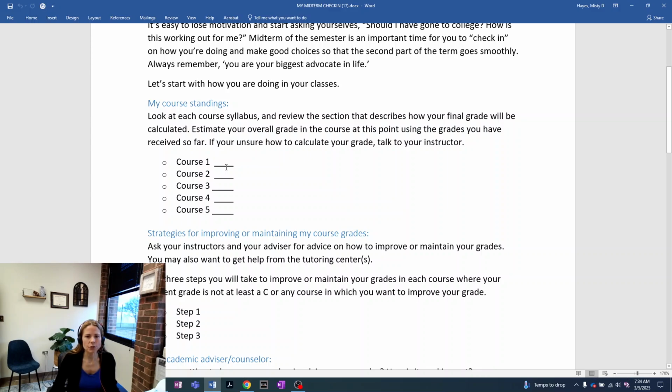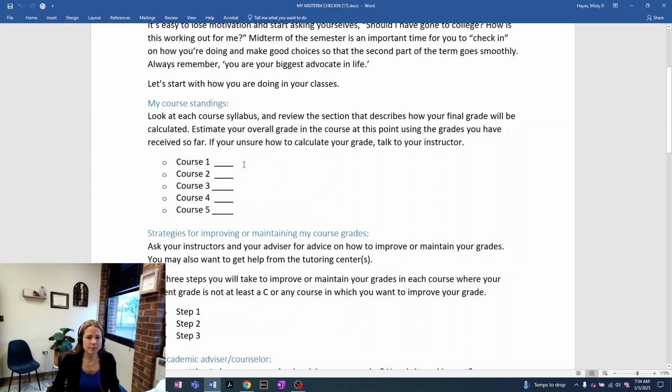You're going to calculate your grade average. How do you do this? The first thing is you're going to have to go to each course syllabus and review how your instructor determines your final grade. Then you will calculate how many points you have so far and how many points you could get. That's going to allow you to see where you are.